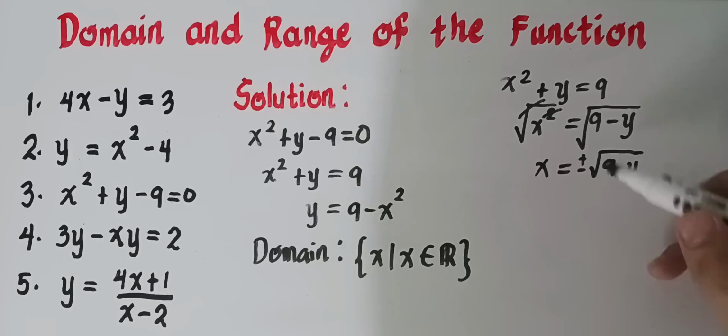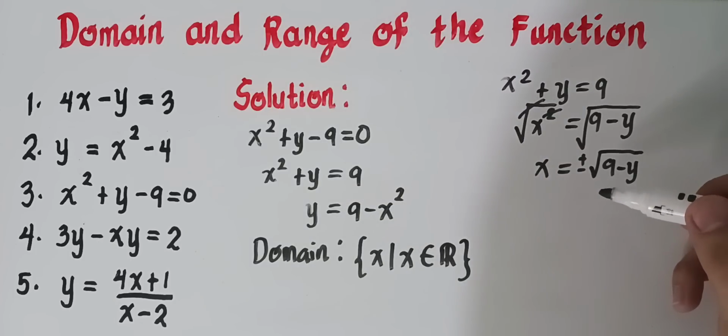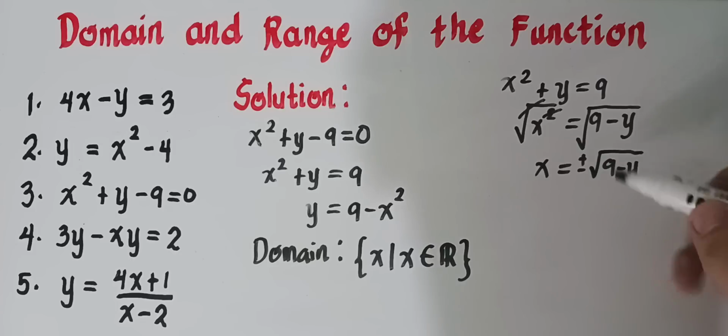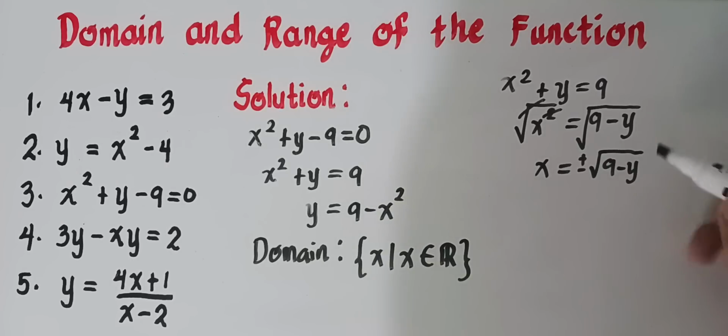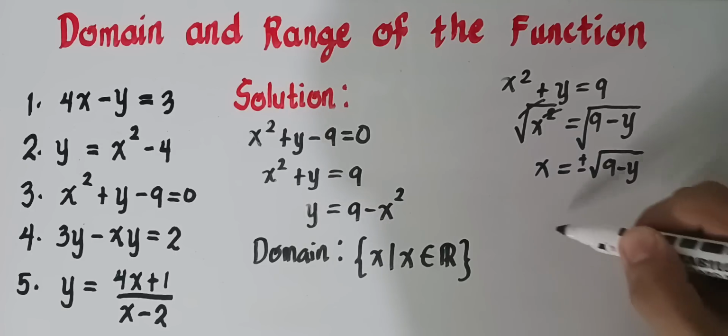So, in this case, guys, hanapin natin yung restrictions. Okay? Yung number na hindi po pwede. Okay? So, since nag-come up tayo sa radical sign, so dapat, ito ay must be greater than, or depende sa magiging situation, no? Okay. So, yung nasa loob, solve natin to guys.